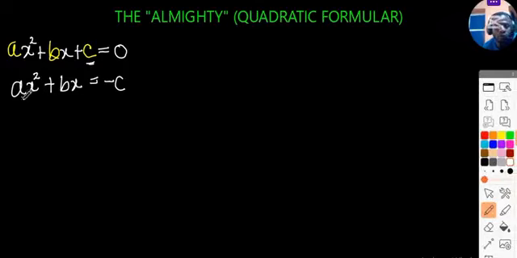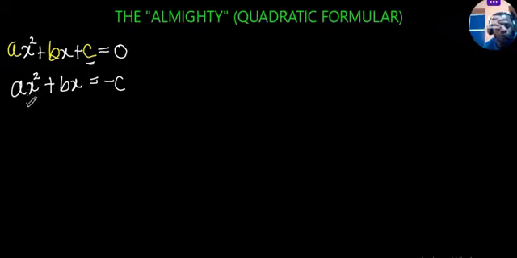Next we make x squared unity by dividing through by its coefficient. a is attached to x squared here, so the coefficient of x squared is a. So let's divide through by a, so we can have x squared with its coefficient as 1.